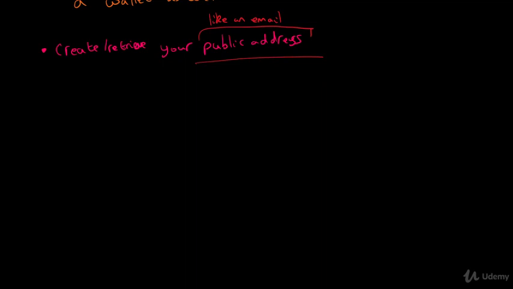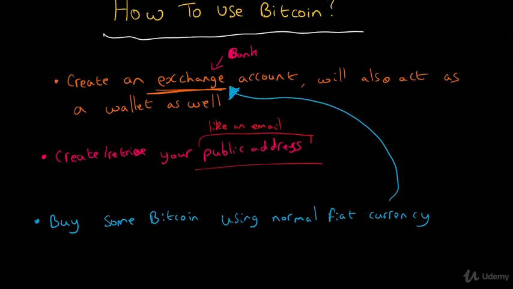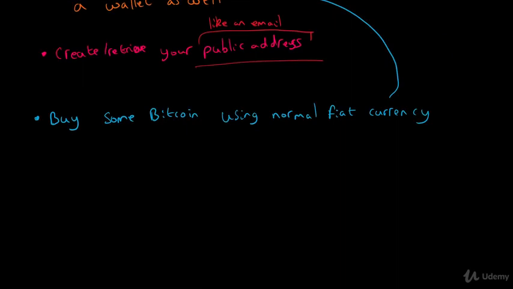Next, what you want to do is buy some Bitcoin. Buy some Bitcoin or other cryptocurrencies using normal fiat currency, and you would ultimately do this via the exchange, which would facilitate the process of, well, exchanging one currency for another.